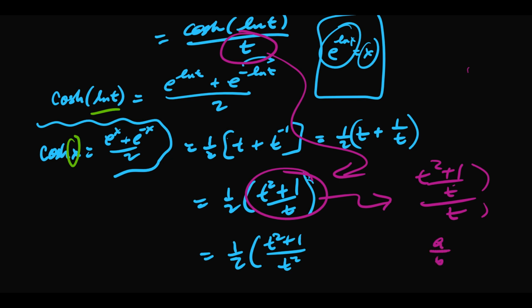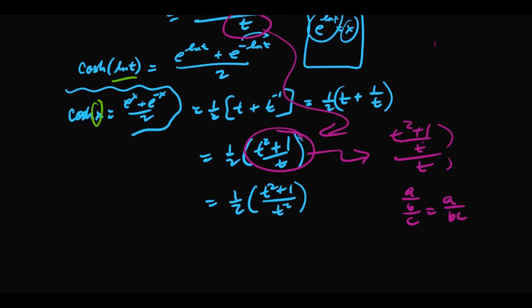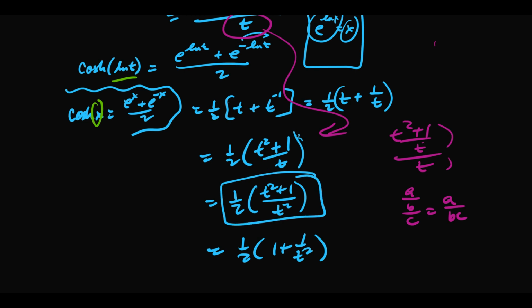So a over b over c is a over bc. All right, and so now this becomes just that, and let me erase all this. So then we get 1/2 times 1 plus 1 over t squared, or however you want to. I'd take this. This is fine. And that's it.